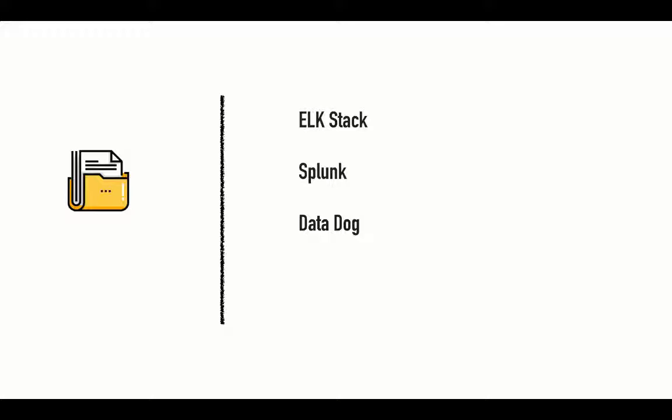That's why you have tools which collect the logs from all the servers in a centralized location, and not only that, they analyze on their own. So it's sort of an automation as well. It analyzes and shows you graphs and data in a very visually pleasing and understandable way, rather than going through thousands of lines of code. And that's where you have ELK, Splunk, Datadog, and tools like that.